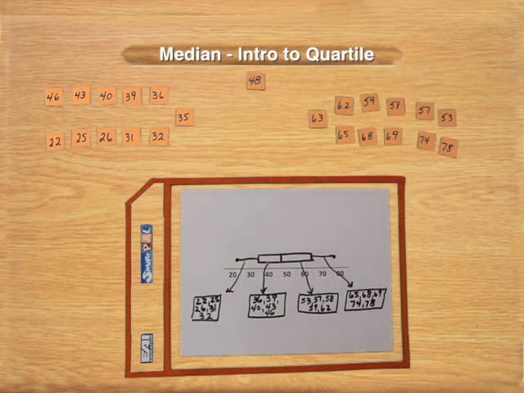So what finding the middle number does is it breaks up the entire set of data into 4 parts. And in each part, we have an equal number of data points. These are called quartiles. And the middle number that we've been finding all along, 48, is called the median.